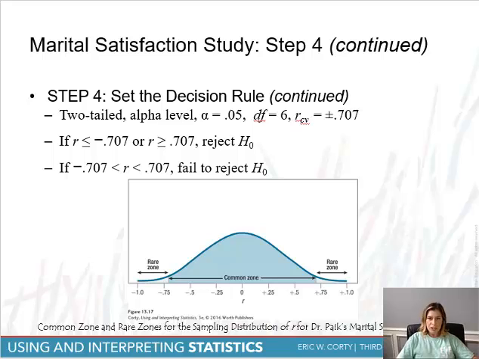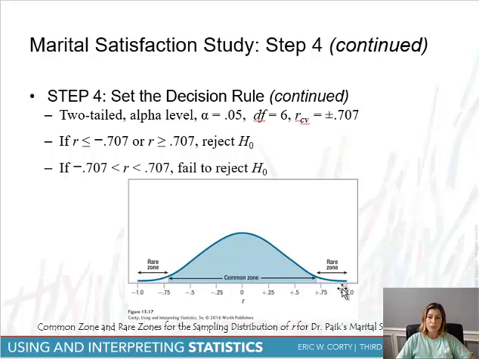So in correlation, the degrees of freedom is always equal to the total number of cases minus 2, because for every case there are actually 2 data points. So if we have 8 cases, 8 minus 2 is 6. So 6 degrees of freedom at 0.05 with a two-tailed test. Our critical value is plus or minus 0.707.